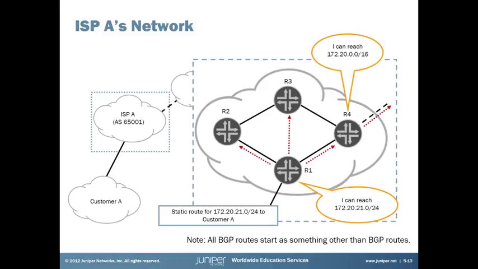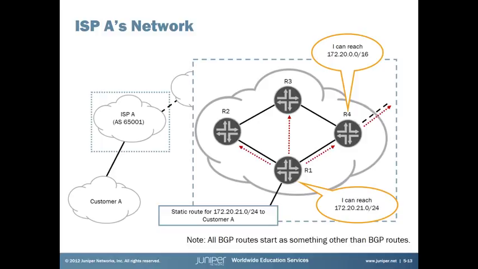So it's got the 172.20.0.0/16. That's its block of addresses that it has been granted by either its regional registry or its upstream peer, maybe its upstream tier 1. So it's going to advertise that aggregate route out to its upstream peer.